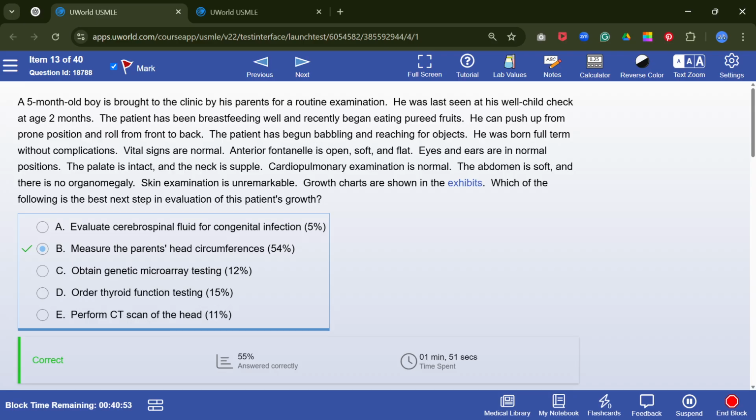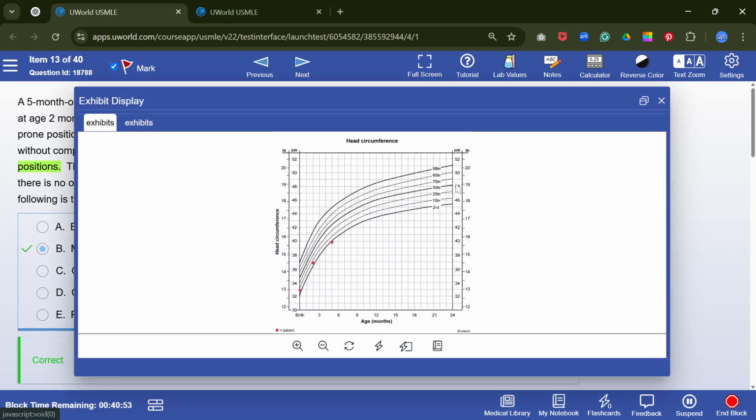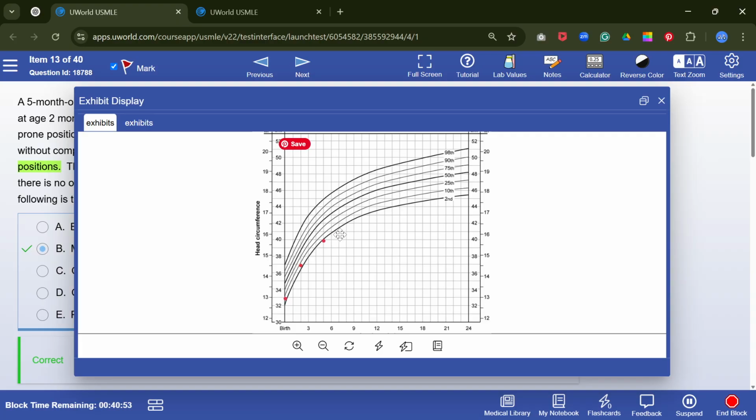Fontanelle is open, and eyes and ears are normal, so everything is normal. No dysmorphic feature. The palate is intact. Abdomen is soft. There is no neurological problem. So no dysmorphic feature, no neurological problem, and in the graph there is no such decline of head circumference, two or more major percentile decline.